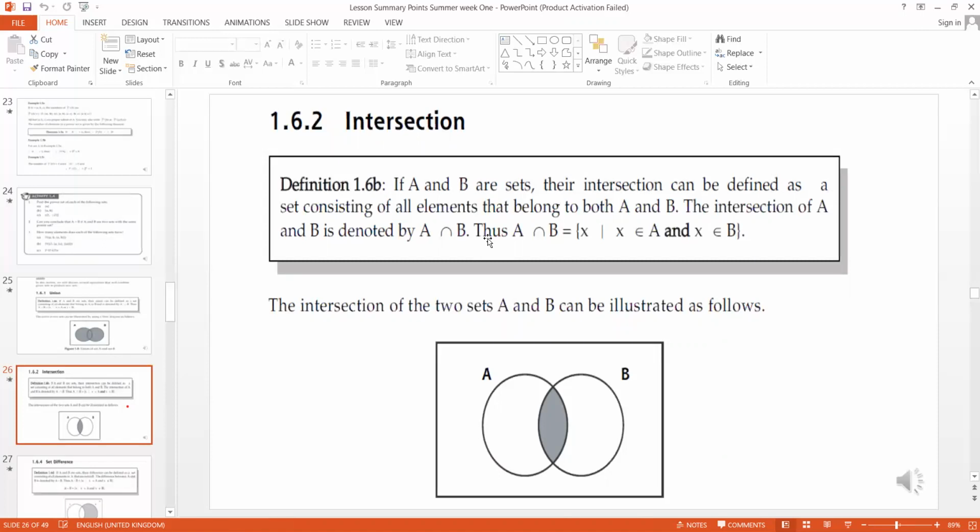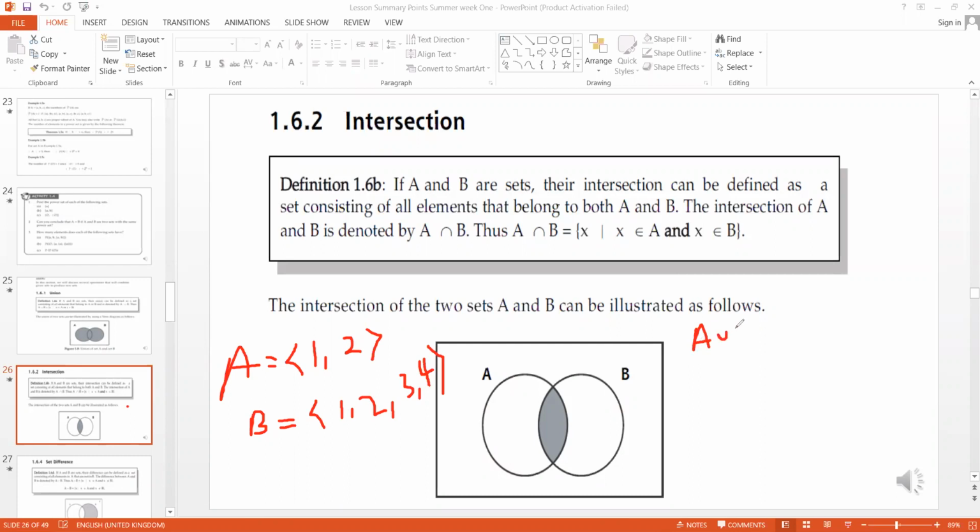So I'll take an example on that. If I have the set A as 1 and 2, and then I have the set B as 1, 2, 3, and maybe 4. And then I ask for A union B. Like we said, it is a combination, adding the unique elements, okay?